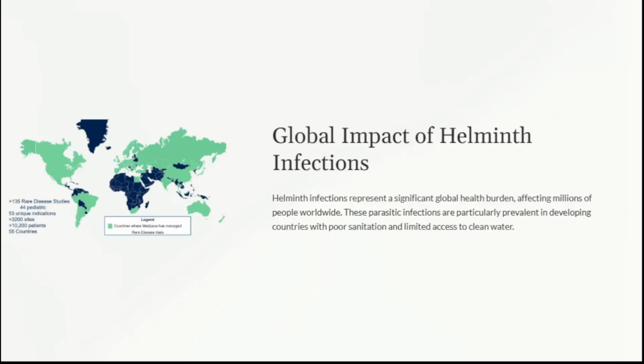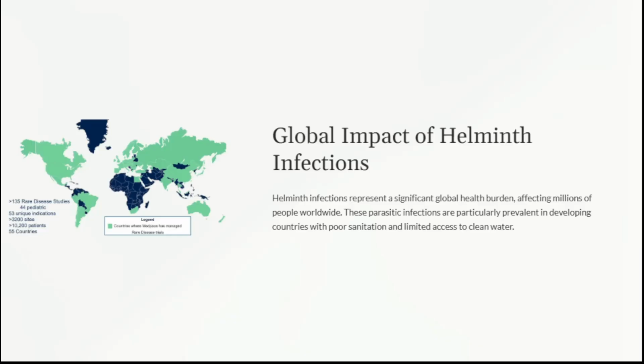Infected individuals may suffer from malnutrition, anemia, growth impairment, and chronic organ damage. As you can imagine, this is affected mostly through the nutrition and the deficiencies associated with these parasites. In fact, about 1.5 billion people have soil-transmitted helminth infections, underscoring the need for effective control measures.